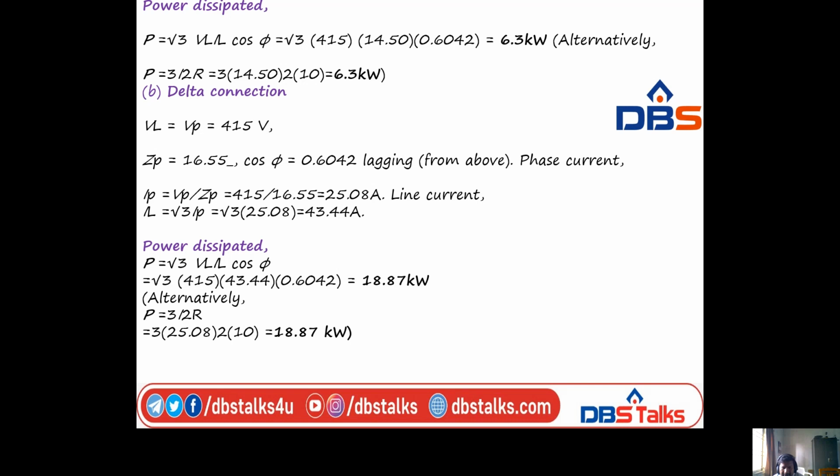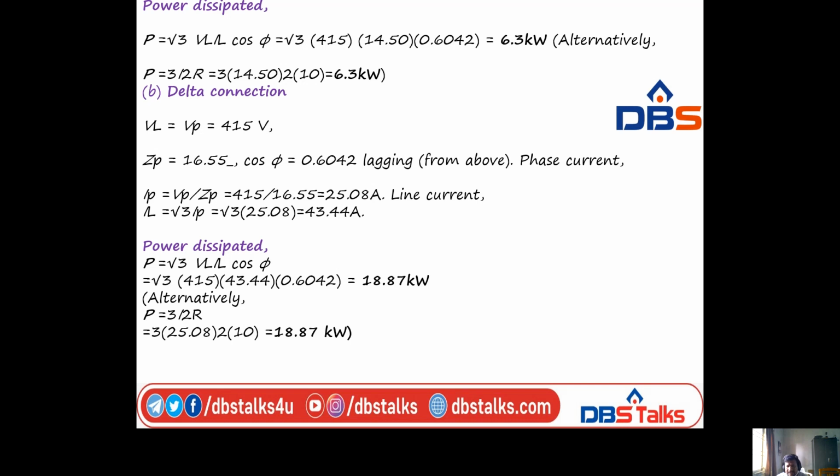And also power dissipated, P is equal to root 3 VL IL cos phi: root 3, VL line voltage 415, line current 14.5 and cos phi 0.6042. So power dissipated is equal to 6.3 kilowatts. Otherwise, copper losses 3 I square R, like that we can also calculate.